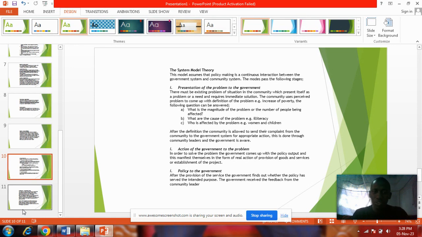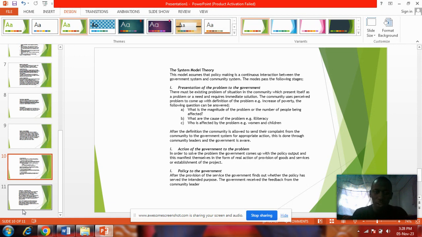What are the causes of the problem, e.g. illiteracy? Who is affected by the problem, women or children? After the definition, the community is allowed to send their complaint from the community to the government systems for appropriate action. This is done through community leaders and the government is made aware.